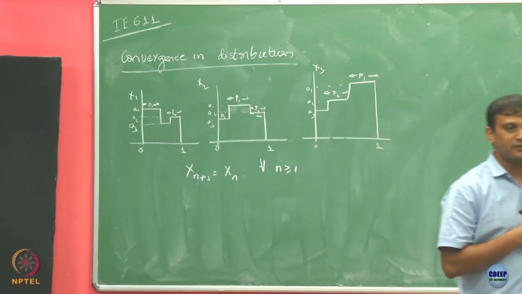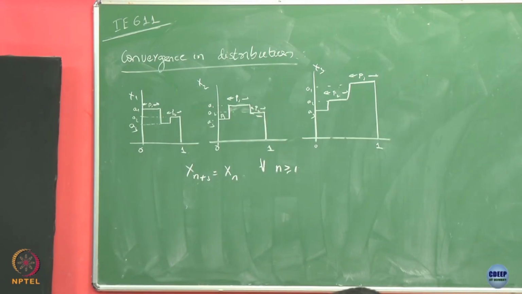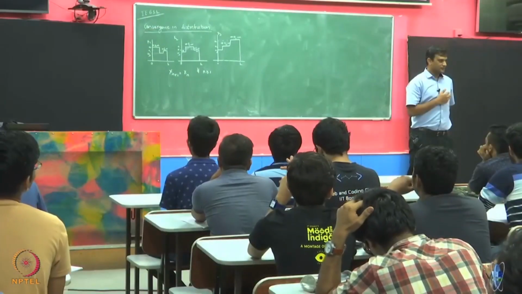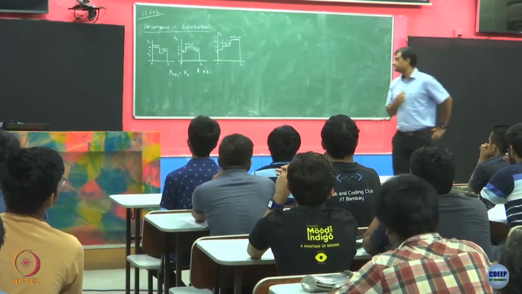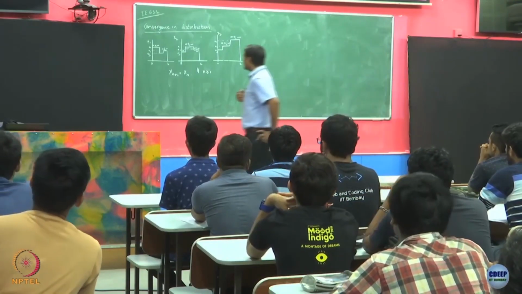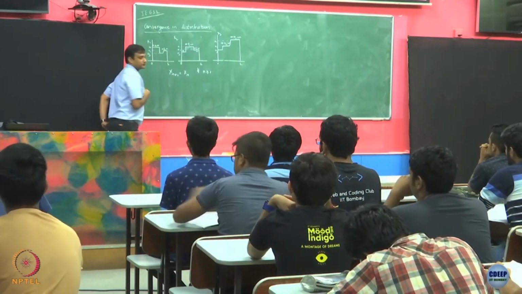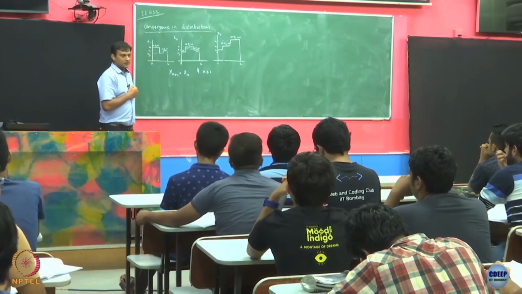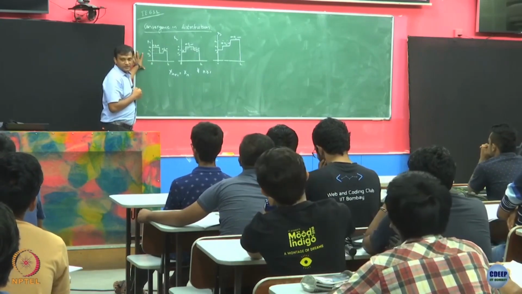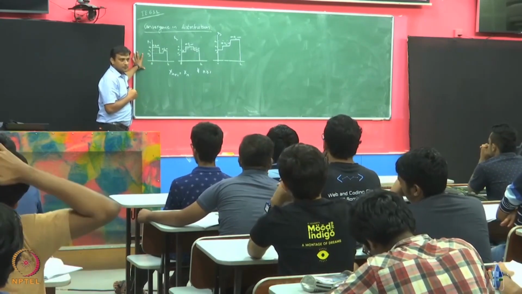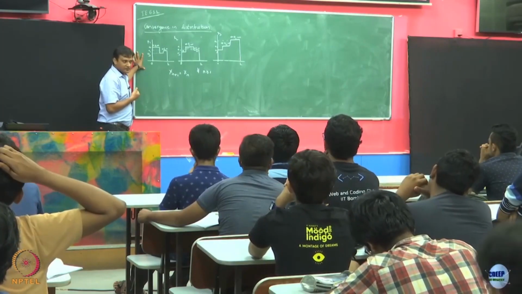Now if you have a sequence of random variables like this, do you expect it to converge in the almost sure sense or in probability? No, because this is periodic and it is fluctuating so much. But if you look at the distributions, what is the distribution of x1? x1 is a discrete valued random variable.